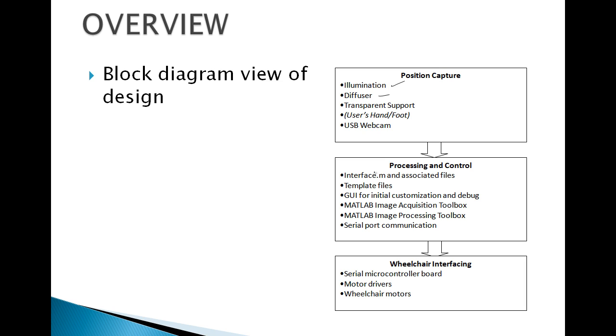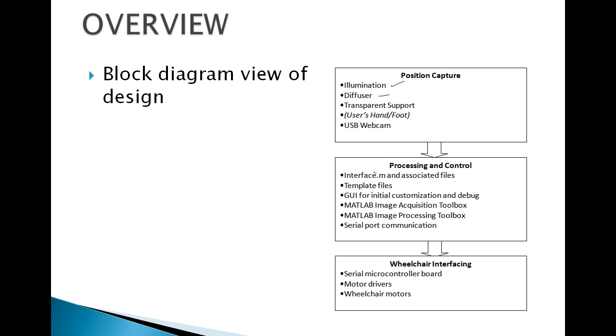There is a GUI for the customization and debug, during which a monitor needs to be connected, but there's no need for a monitor for future operation during the steering. And then serial communication aspects of the code. So in the implementation that will be shown, the serial parts of the code are commented out because there's no hardware that controls the wheelchair as yet.